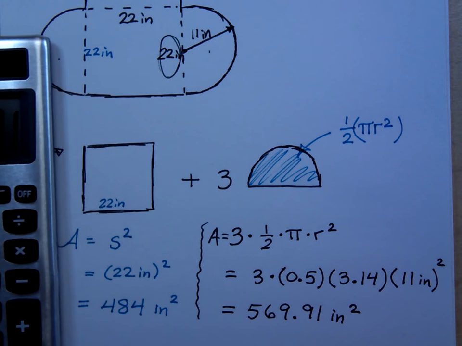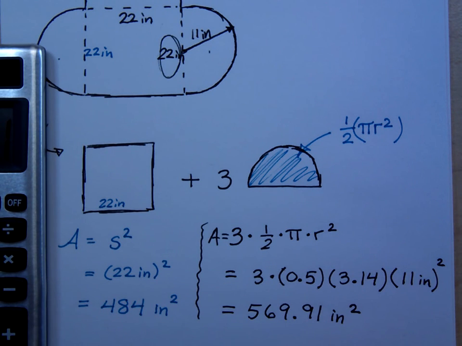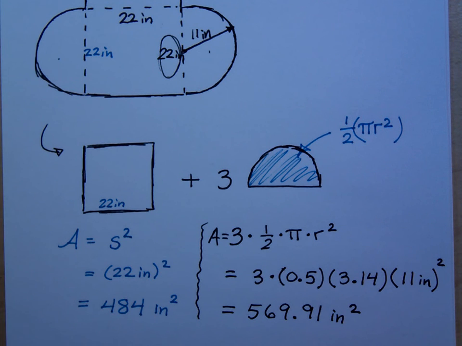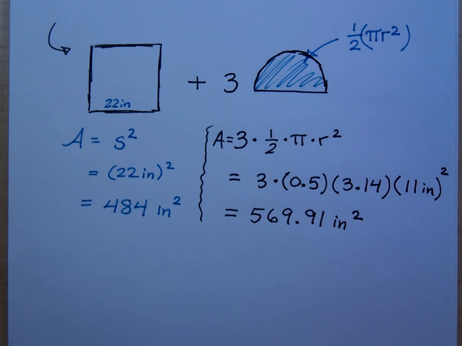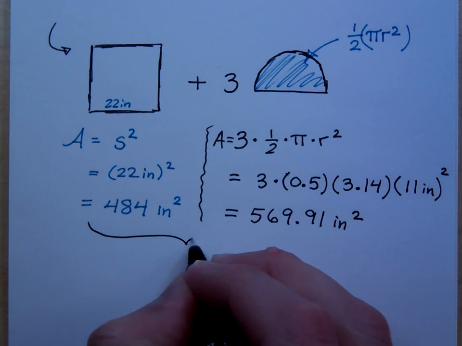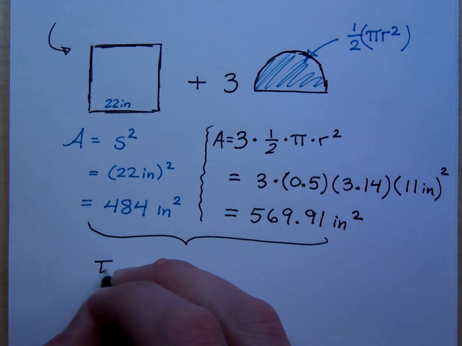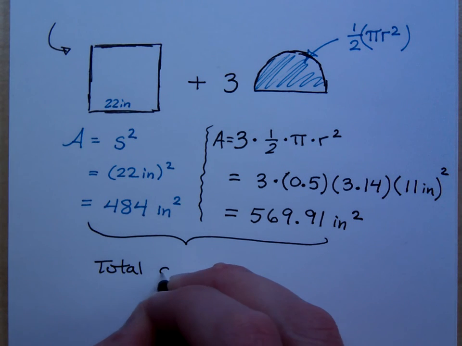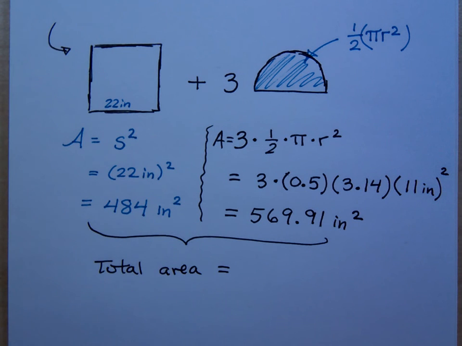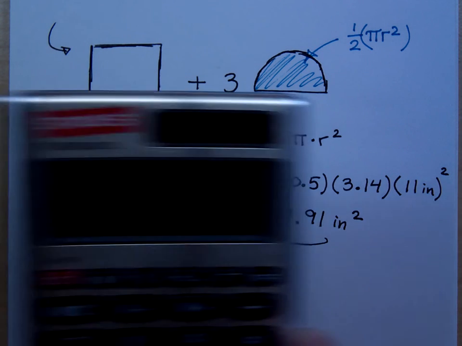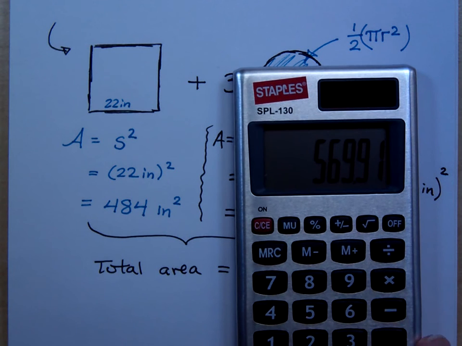Or maybe I should also incorporate the other area into this, because it's a combination of the square and the 3 semicircles, right? So when I put all of this together, the total area is equal to what? I still have this 569.91 in my calculator, right?